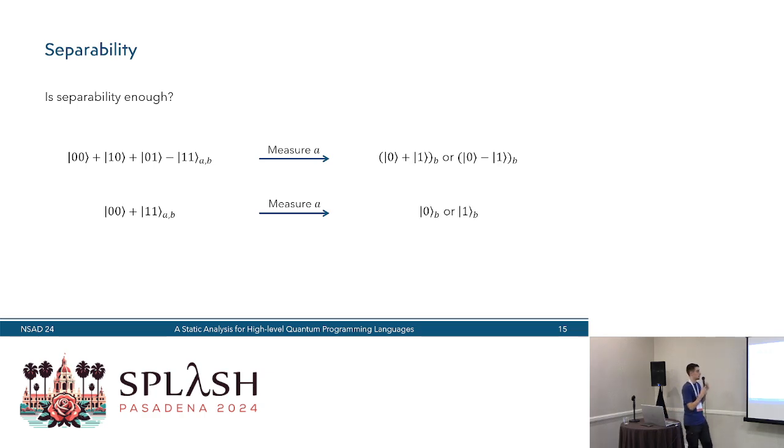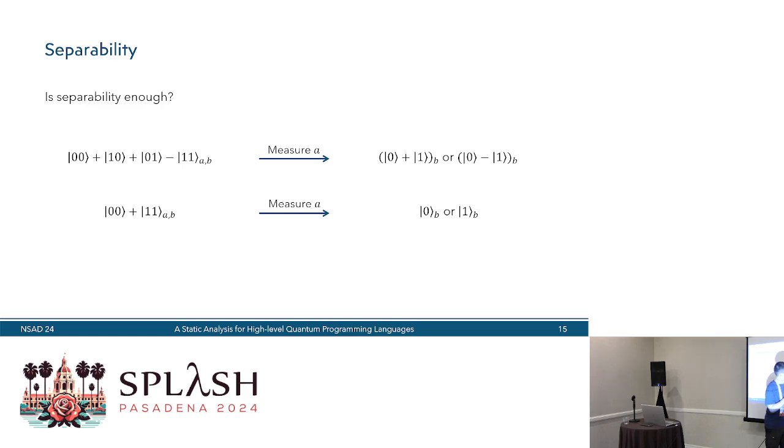In the other case, if we measure A, like we have seen before, B will be 0 or 1, but you see that in this case, B will collapse to a classical state, because this is always 0 or always 1. So this is a quantum state, but it is in reality classical, because there is no superposition of values here.